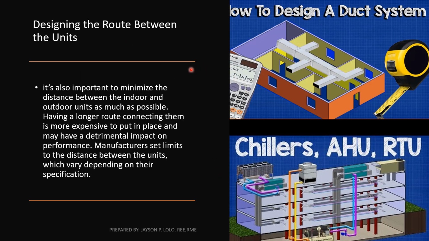Now, after considering some factors, the last part is to design the route between the units. The route between the units also affects the installation time. If the layout or structure is problematic, even a short route might take longer to put in place.